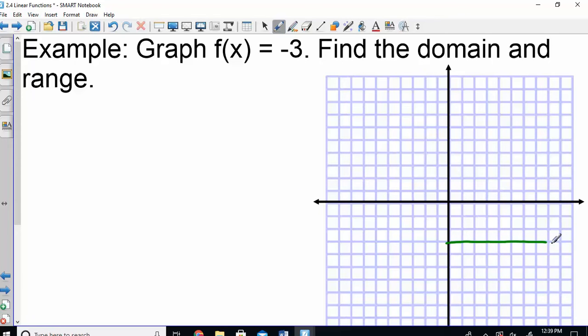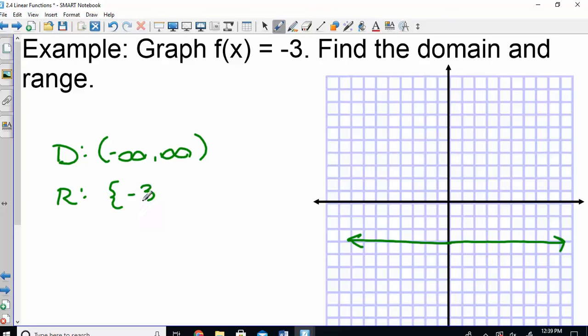So that is a horizontal line at negative 3. So domain, as I go from left to right, it extends forever in both directions. So this time I'm hitting all of my x's, but the range, I only hit a single y value of -3.